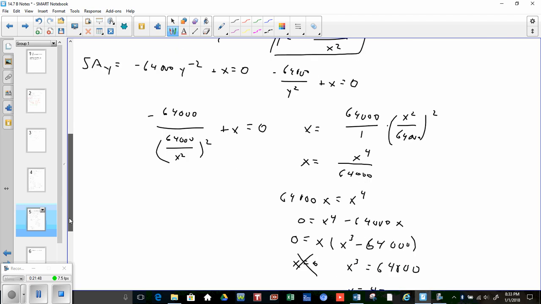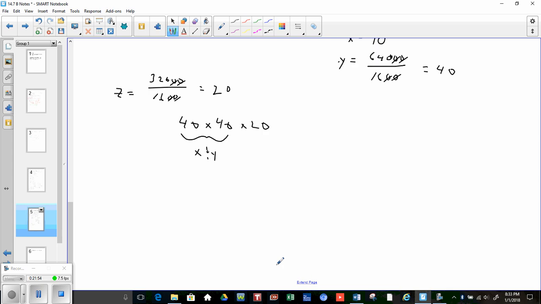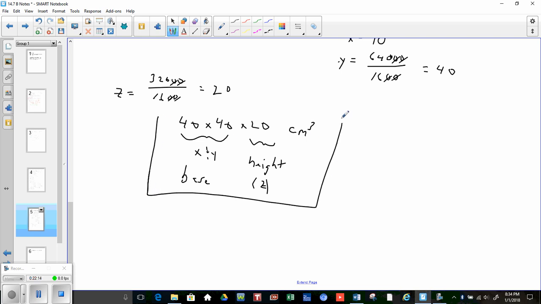So that's actually the base. And this part right here was our height. That's your z value. And I think it was centimeters, so that would be in centimeters cubed.